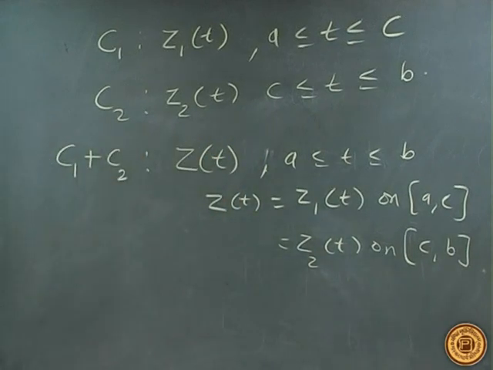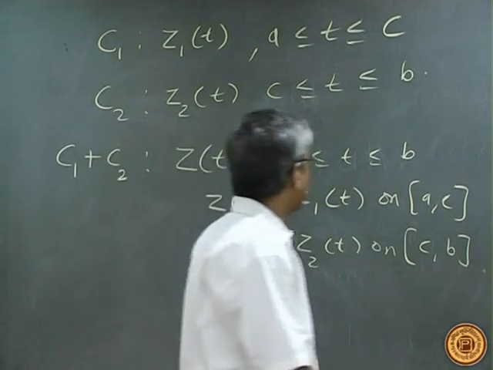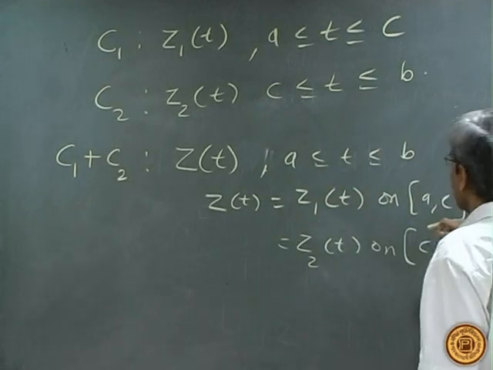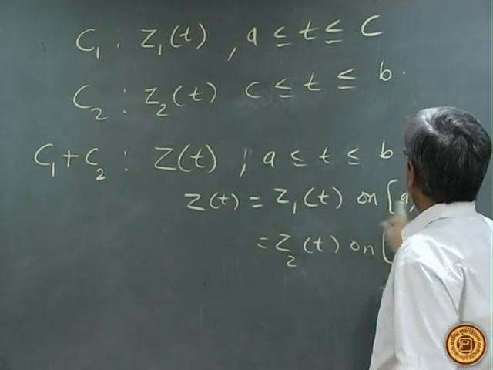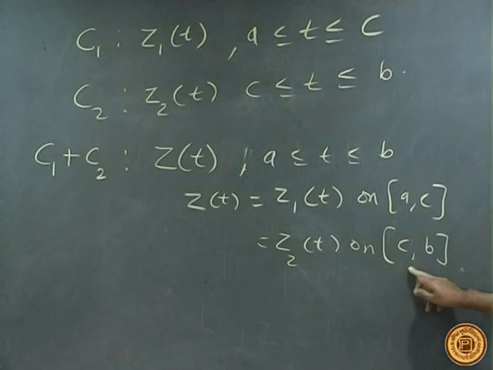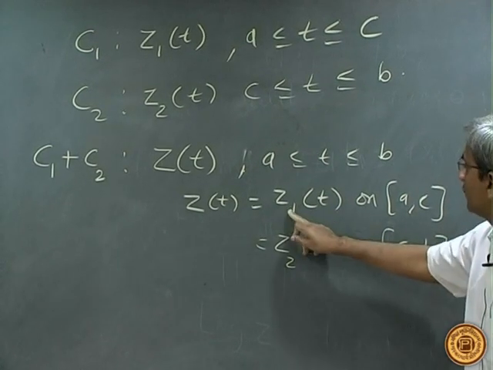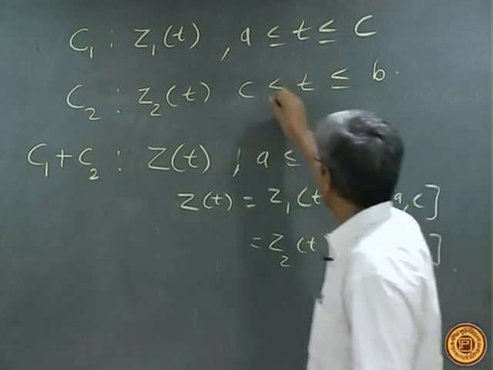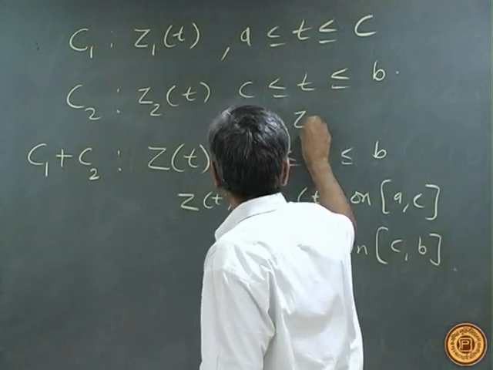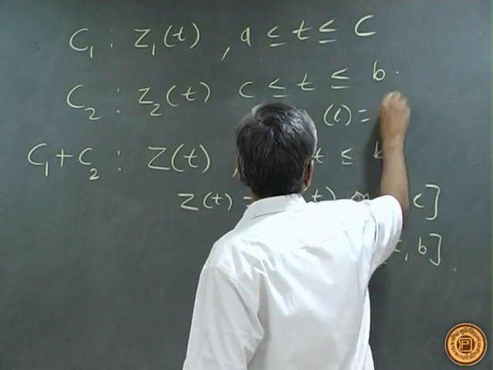This was the definition of C1 plus C2. For this we need that at the point c, which is common to the domains of both z1 and z2, z1(c) must be equal to z2(c).